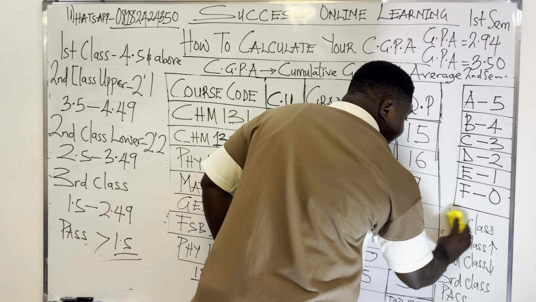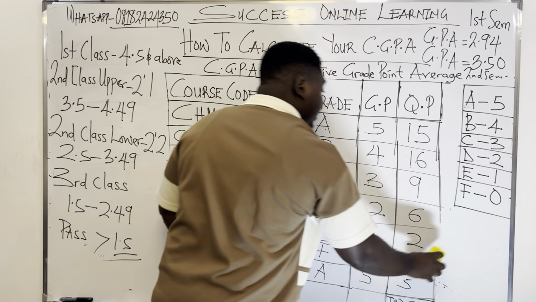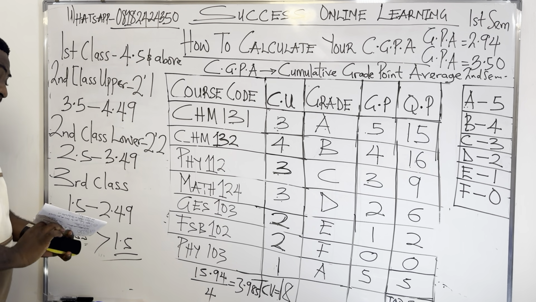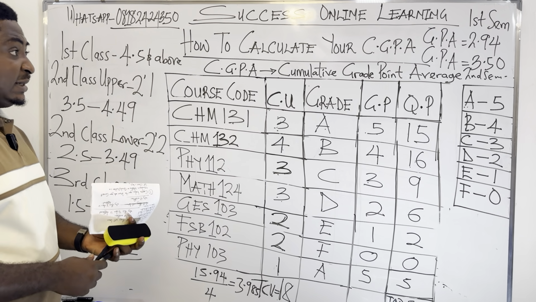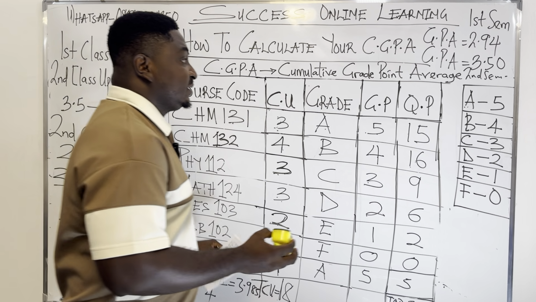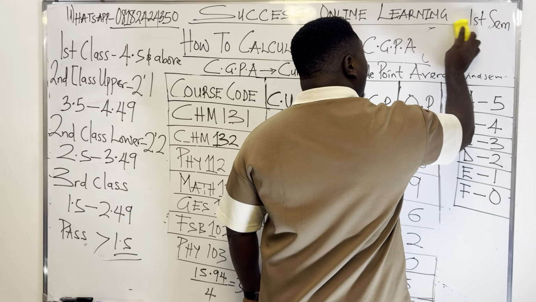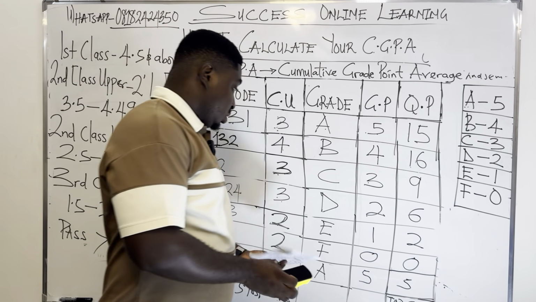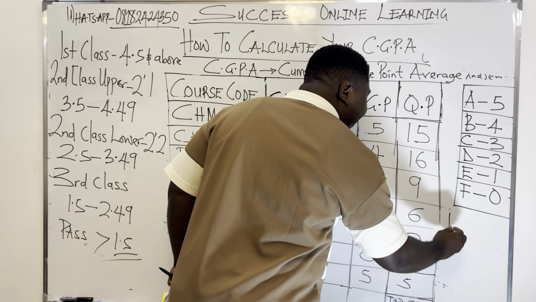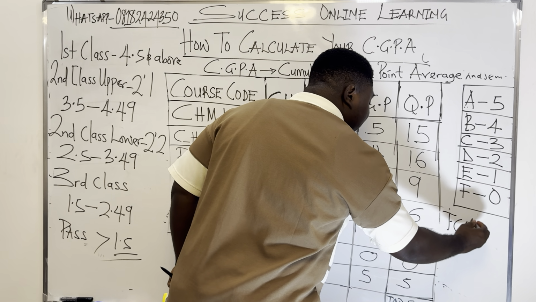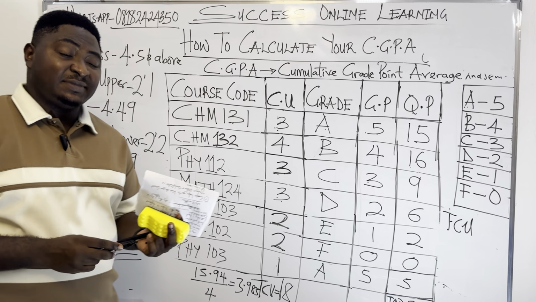Now, let me go to what I said I'll tell you before we round up. I wanted to tell you why it's important that you don't fail more than 2 courses. In most university systems, there's what we call total credit units that can be registered for a particular semester.